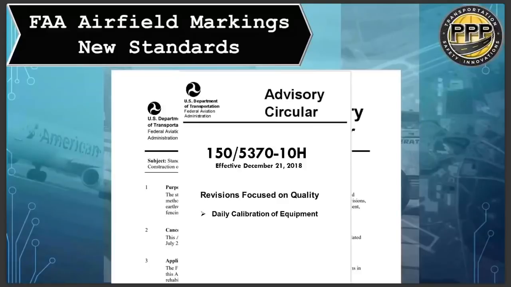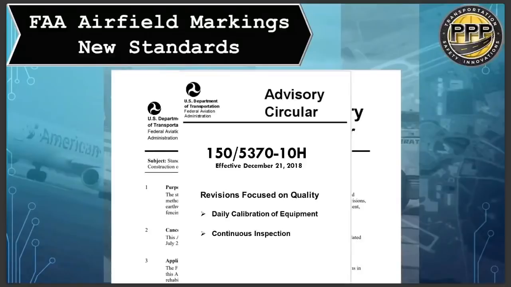Speaking in general about the entire document, and speaking to the authors, their revisions were really focused on improving quality and the product that resulted from these projects. Just a couple of highlights that were added were daily calibration of equipment.